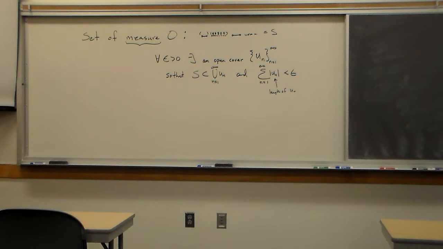Now, we're not going to talk about how you actually get the overall measure for a set. We're just defining what it means to be a set of measure 0. Turns out that defining measure in real generality gets extremely abstract and introduces some topological complications that we just don't want to get into.